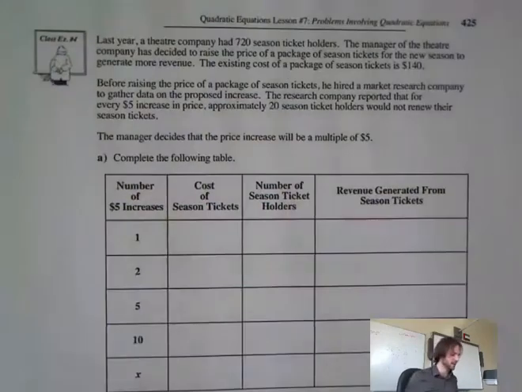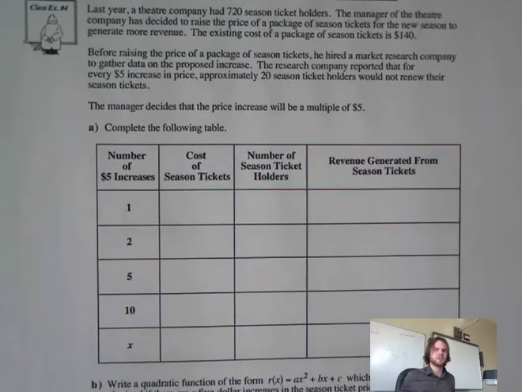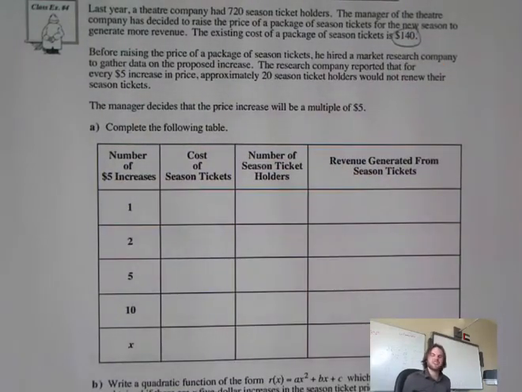So here we go. It says we have a concert theater company, and they're selling tickets. There are 720 season ticket holders right now, and their price per ticket is $140. Now they hire a fancy research consultant, which could be you in the future, and they ask, how many season ticket holders will I lose for every $5 I increase the price?